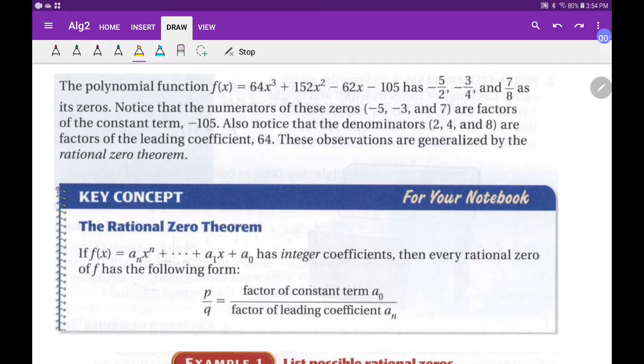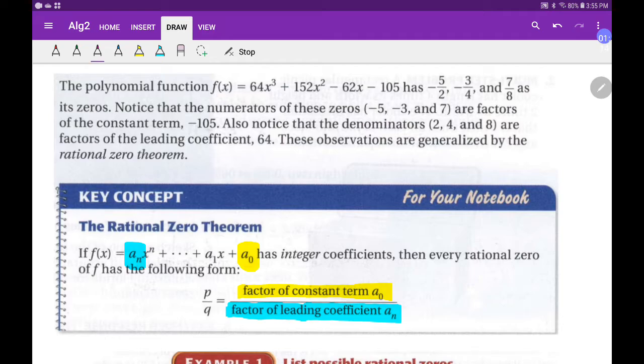The first step in exploring the problem is to discover the possible roots, or the possible zeros that are there. And this rational zero theorem gives us a way of doing that. It's going to be the factors of the constant term at the end, a sub 0, on the top, and then on the bottom the factors of the leading coefficient, a sub n.